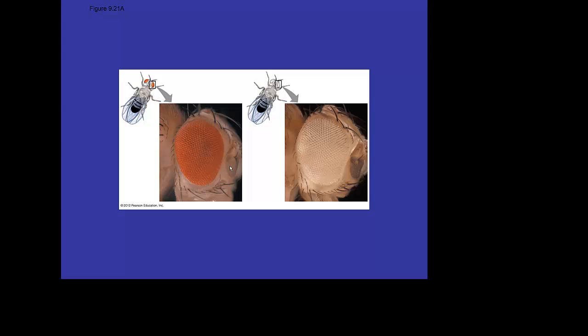So we can look at specific traits inherited in fruit flies, and we can track it externally based on eye color. This is certainly easier than cutting open a fruit fly and trying to determine what its genes are.